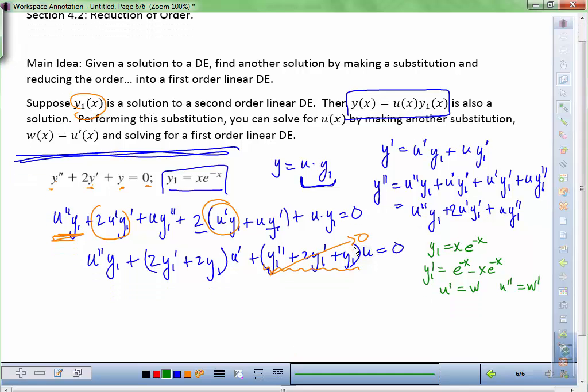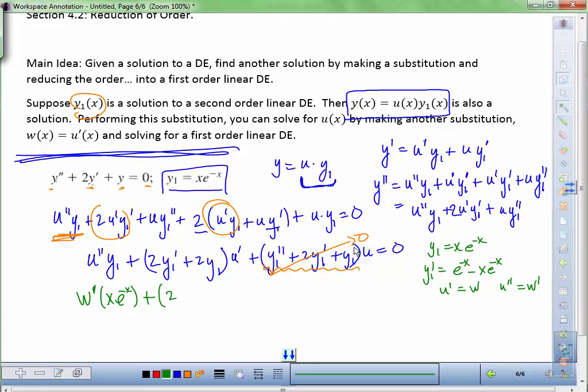Those are the substitutions that we're going to make. And then it becomes a first order differential equation. So let's actually see that happen. We have a u double prime, which becomes a w prime. We have a y1, which is x e to the negative x.